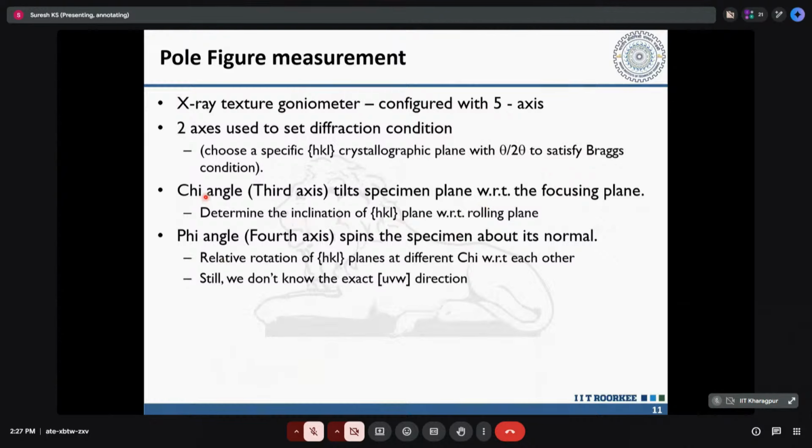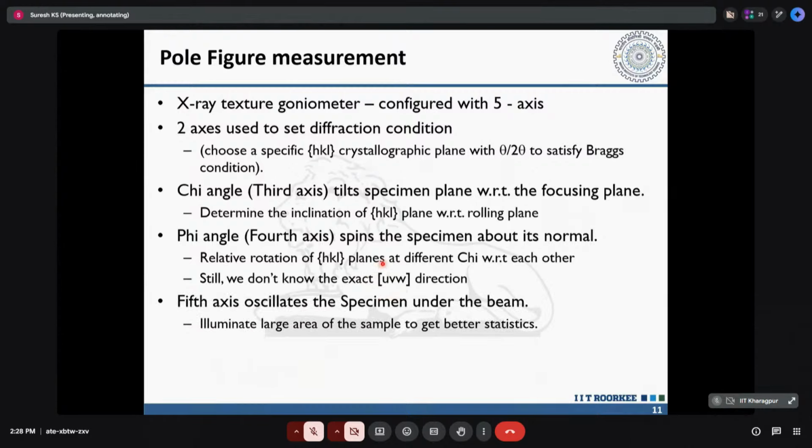A combination of chi along with phi will help us to determine the UVW direction. Now the fifth axis oscillates the specimen under the beam, and this is highly important if you have a very large grain size, as in the case of welded samples, additively manufactured samples, or cast samples.